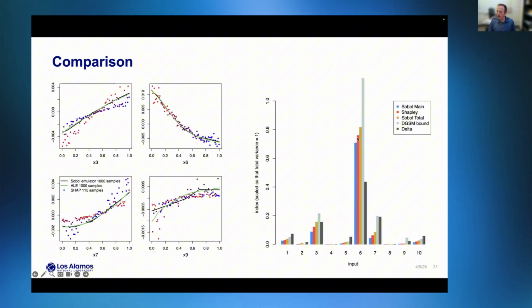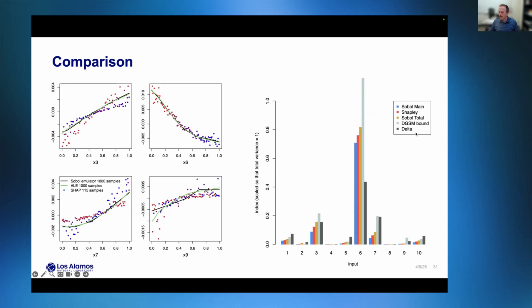It's provably the case that the Shapley values will be between those two. But they're kind of a better balancing of how interactions should be accounted for than what the Sobol total effects do. And then the DGSM bound, this derivative-based global sensitivity metric I was just talking about, that upper bound is shown here in this color.